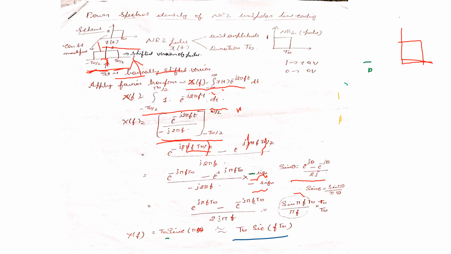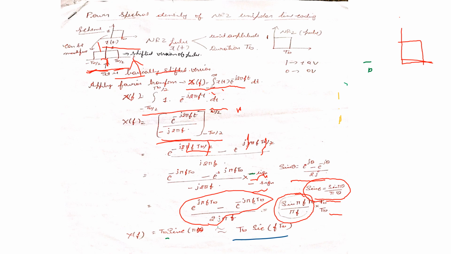Now the equation can be written in the form of sin pi f divided by pi f, and multiplying the numerator and the denominator with Tb, this becomes Tb times sin pi f Tb divided by pi f Tb. In terms of the sinc function, sinc of theta is equal to sin pi theta divided by pi theta.